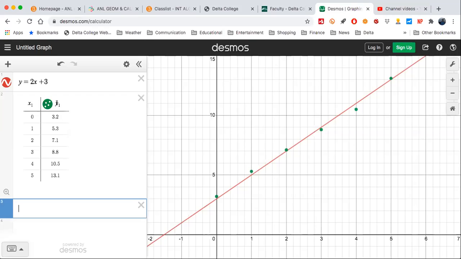Does anybody remember one of those equations for a line that we came up with back in our section on equations of lines? What did it look like? Y equals, who remembers? The one I'm thinking of is the slope-intercept form. What was it? Sort of the easier one to remember. Y equals what, Jenna?